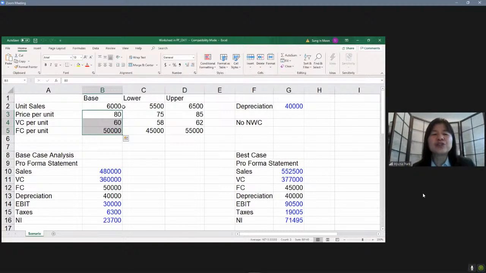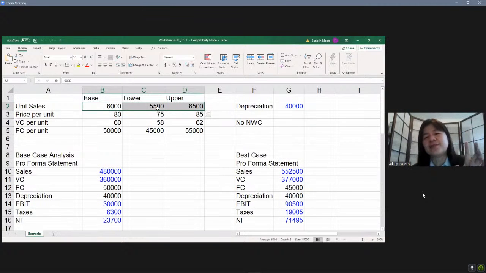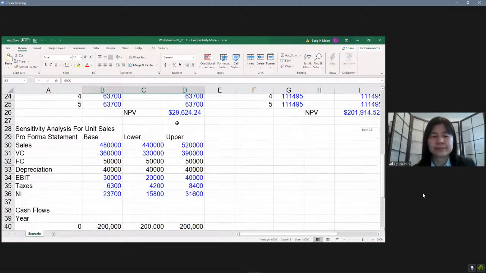And we just vary the unit sales. The worst outcome will be the lowest sales volume, 5,500, and the best possibility is selling 6,500. So those 3 numbers are used, but the other 3 variables are fixed at the base case. That's the sensitivity analysis.